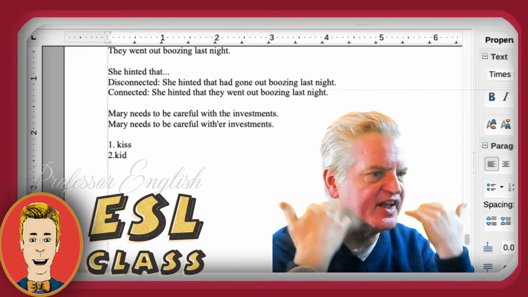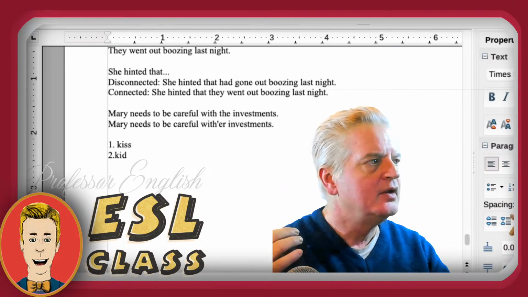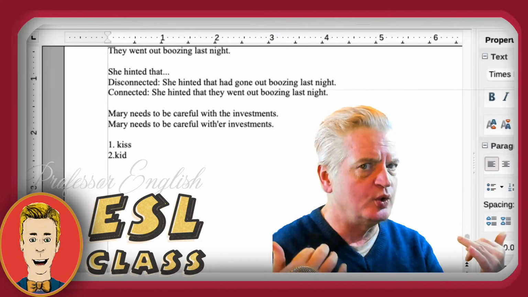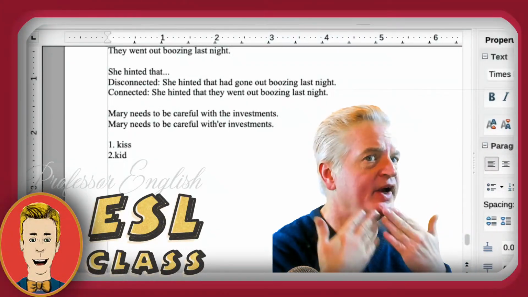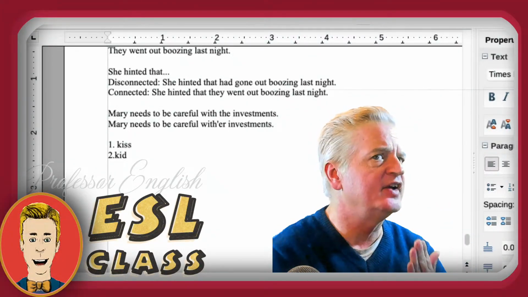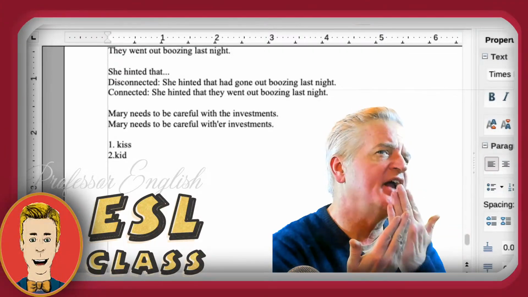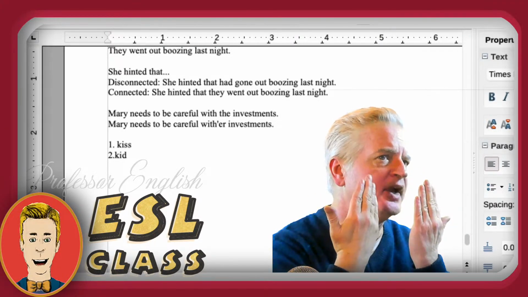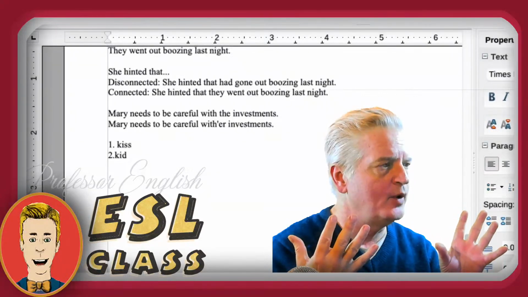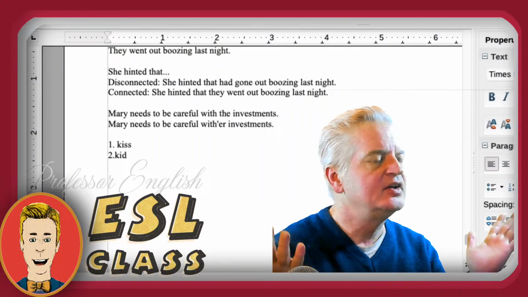Kiss. That's how it ends. If you say number two, kid, there's no air. Your tongue actually will prevent the air from coming out. Kid. The tongue actually stops the air from coming out. So they're very different in that way. Kiss and kid.